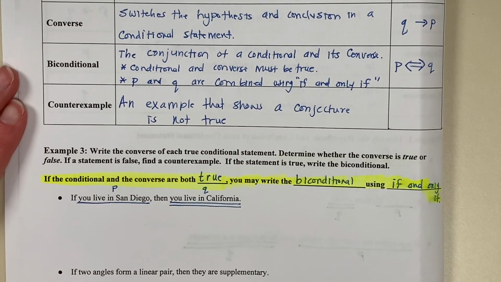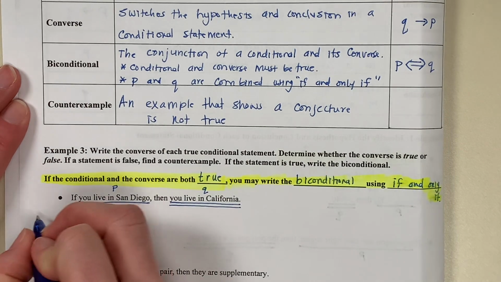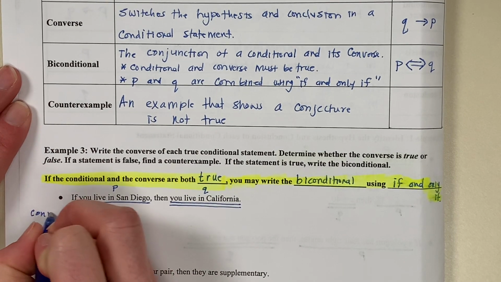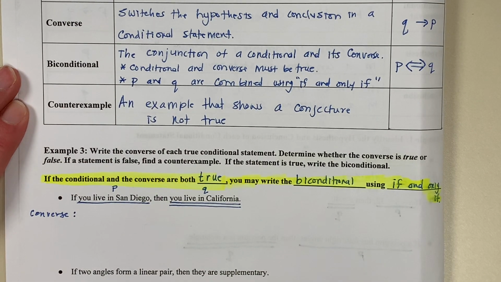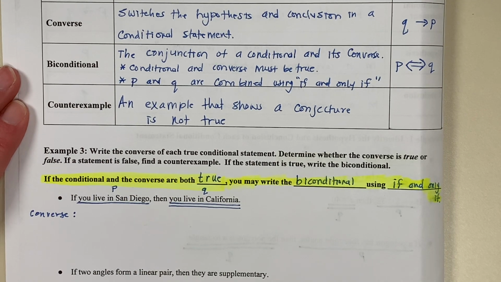Now, the first thing that we're going to do is find the converse. The converse switches the hypothesis and the conclusion, but we still keep the if-then statement.